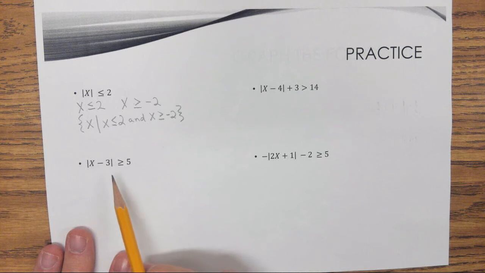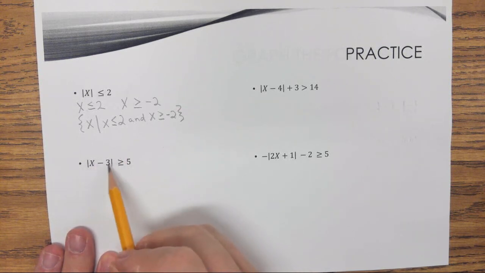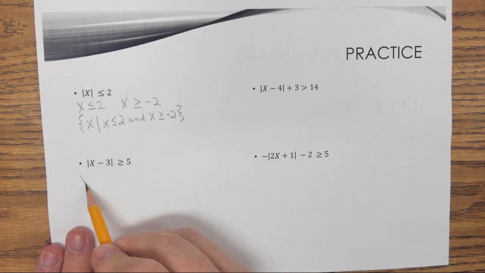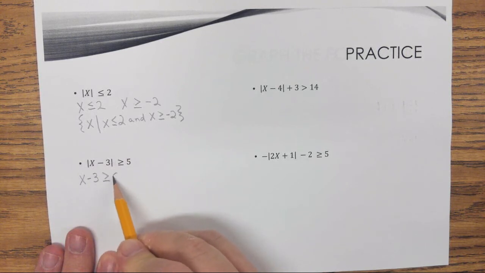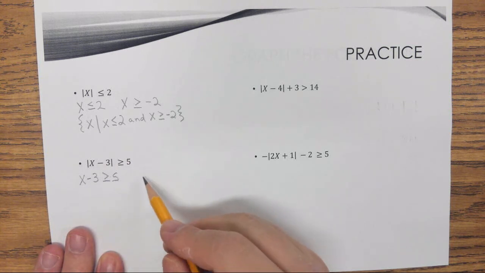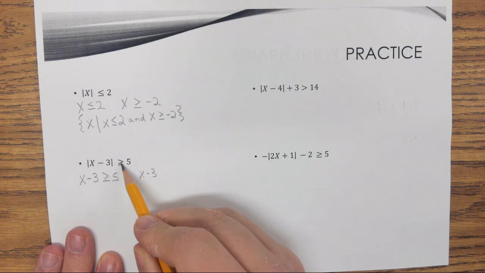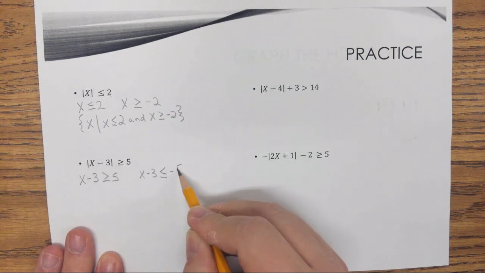Alright. Let's look at this example right here. So, I'm going to take this original one and copy that down. So, x minus 3 greater than or equal to 5. The other one then is going to be x minus 3, flip my inequality, less than or equal to negative 5.